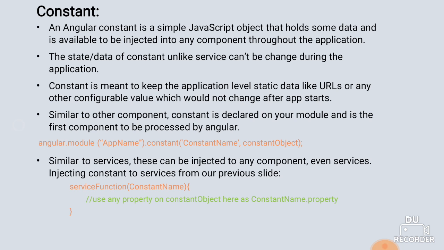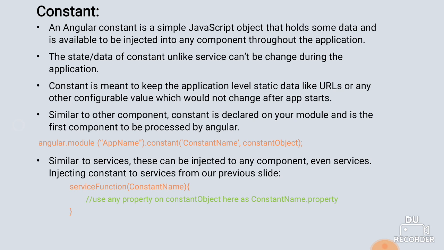Okay, next thing that we are going to see is constant. Like services, constants are singleton objects, the basic difference being that the state of these objects is not going to be changed anywhere, that is, they are not mutable. So constants are used basically for keeping hardcoded data of your application, like URLs or configuration values, like the number of users, that kind of stuff.